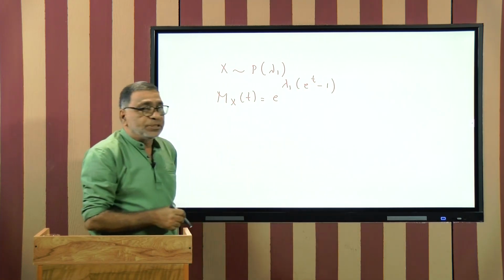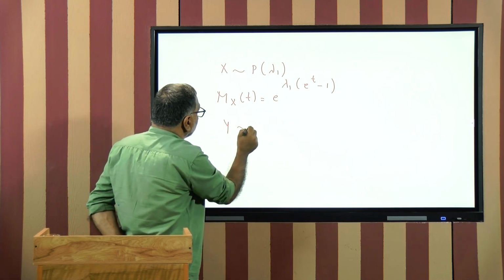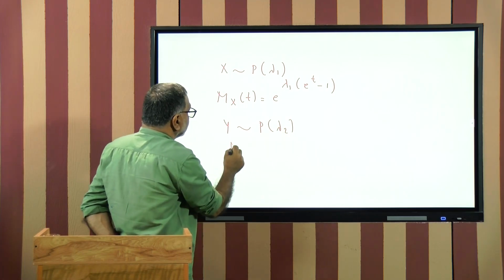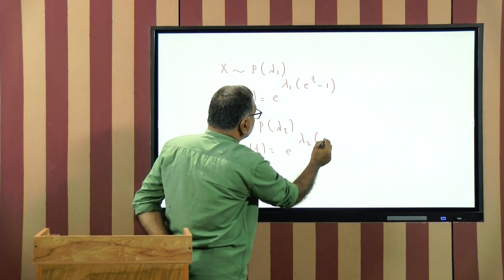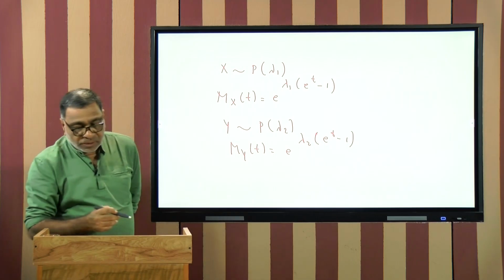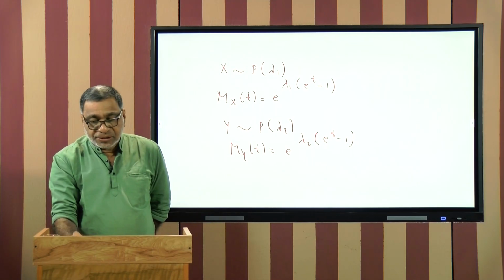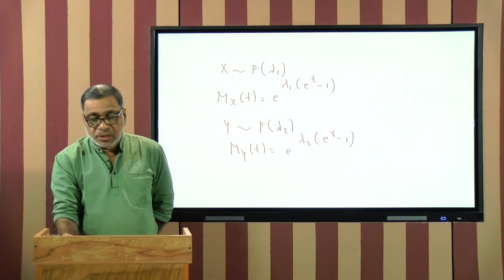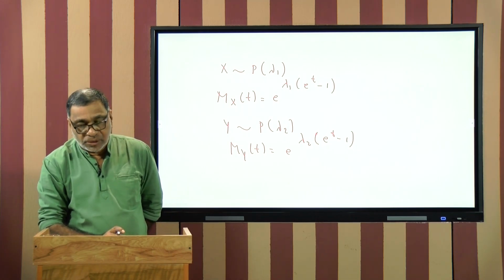Similarly, y follows Poisson with lambda 2, and the moment generating function of y is e power lambda 2 into e power t minus 1. So, M x of t is equal to e power lambda 1 into e power t minus 1, and M y of t is equal to e power lambda 2 into e power t minus 1.